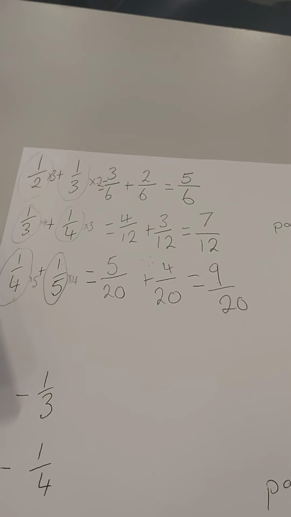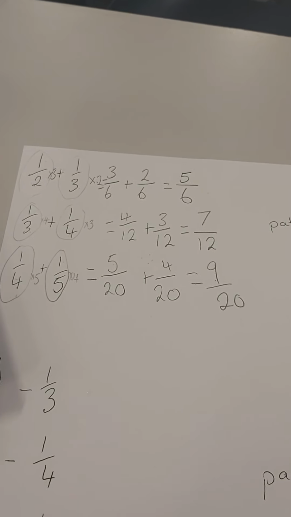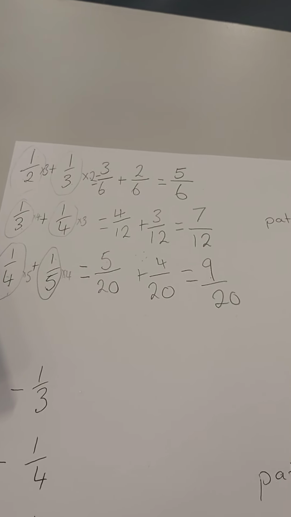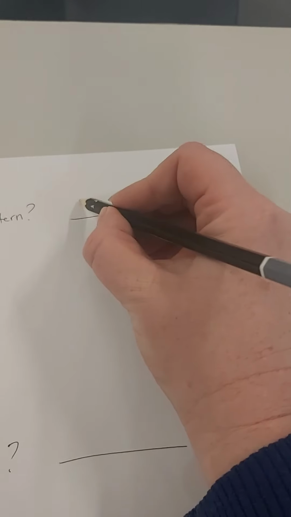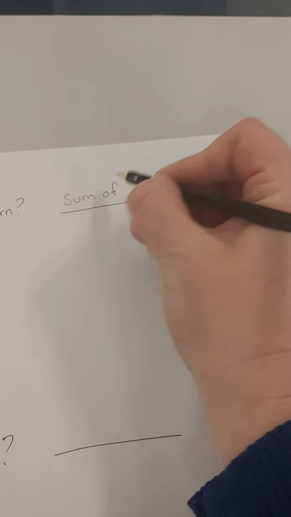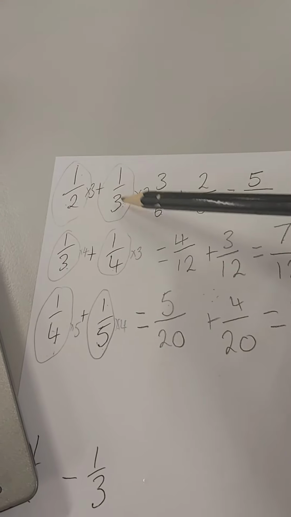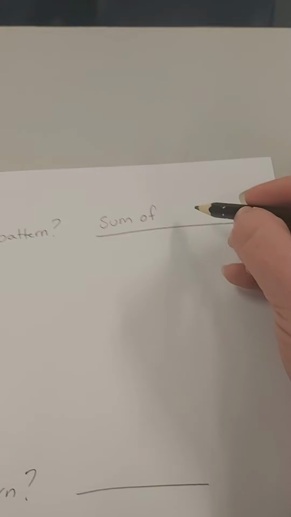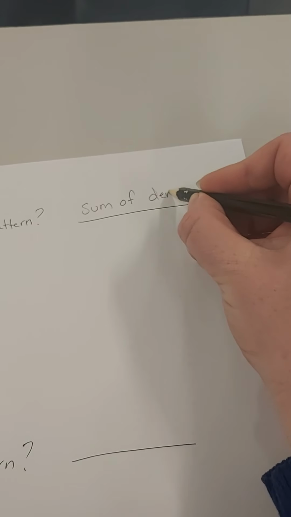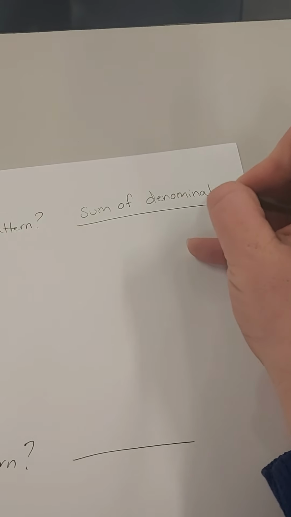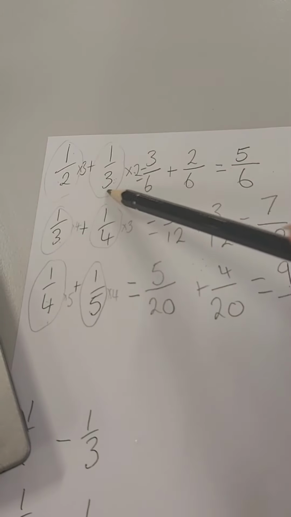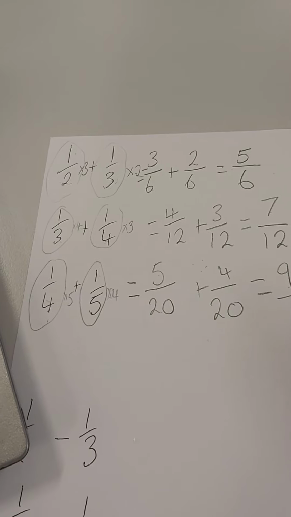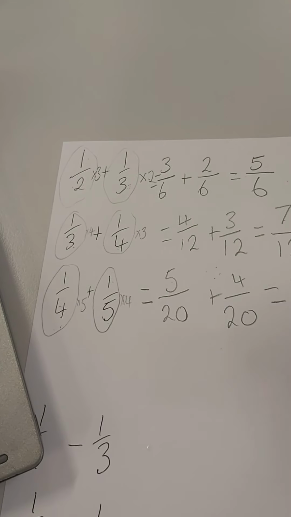Now, using mathematical language, when we add things together, we call it the sum of, okay? So we're calling it the sum of the denominators, because the denominator is the bottom number. Now we said that the top number was these two numbers times together. Sorry, the bottom number. Times in mathematical language is called the product.